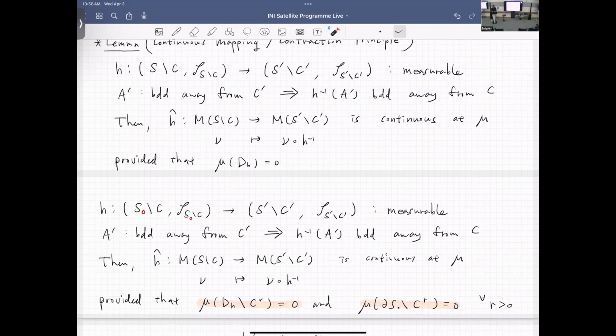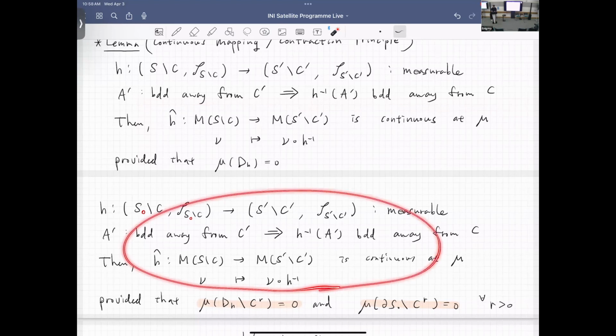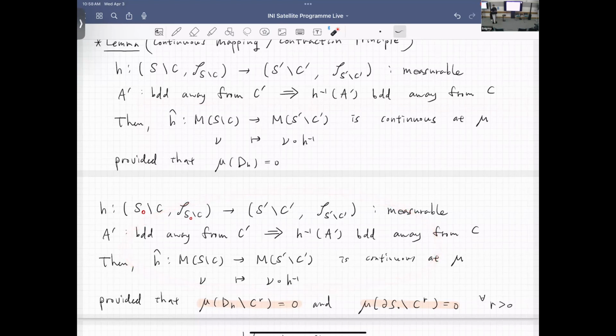So the inverse image should be bounded away for any bounded away set. That's the extra condition, and this is satisfied if the function is Lipschitz, for example, but it doesn't have to be Lipschitz.